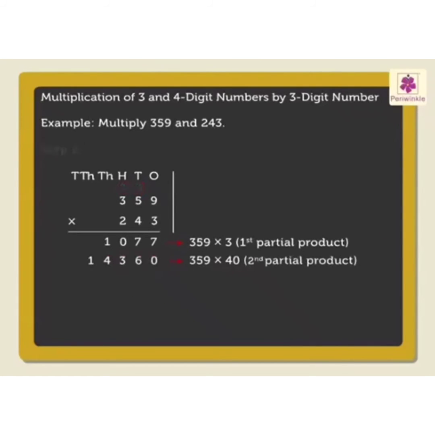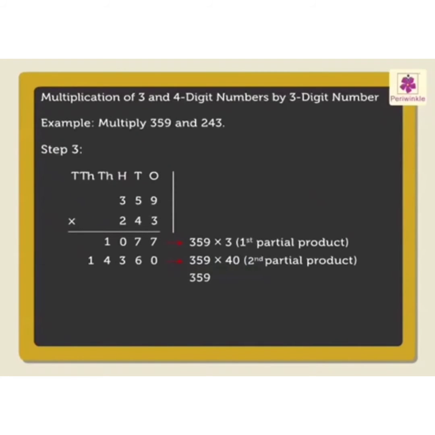Step 3. Now multiply 359 by the digit in the hundreds place of the multiplier, that is 2. As the digit 2 is in the hundreds place of the multiplier, we are actually multiplying 359 by 200.